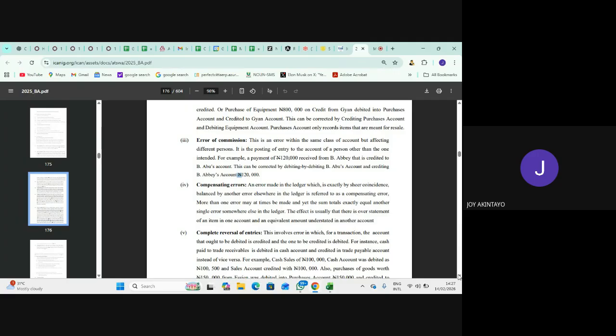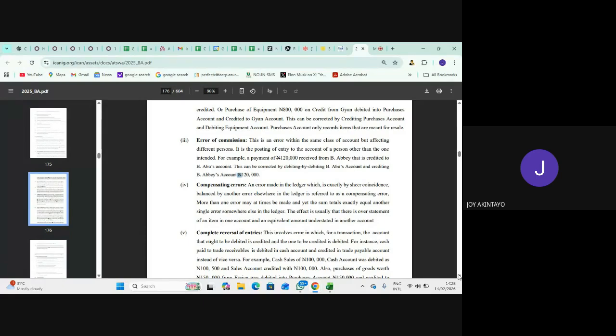So here you made a debit error somewhere, then in another account the corresponding credit entry occurred. Are we together? So in such an instance, just go to the accounts that are affected, then you correct the two errors on the two accounts.